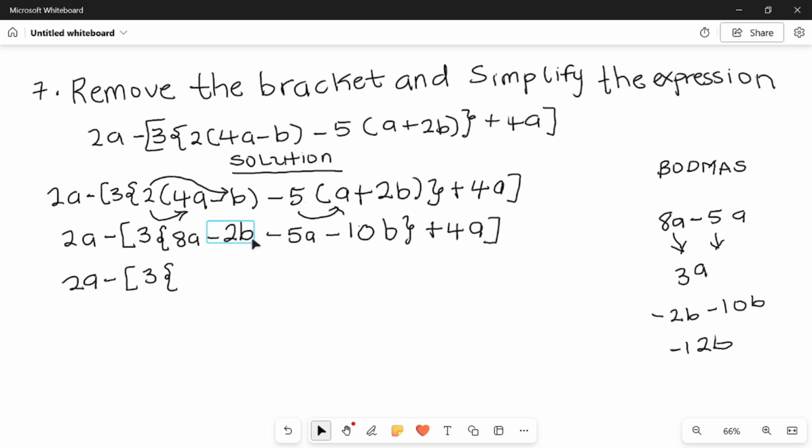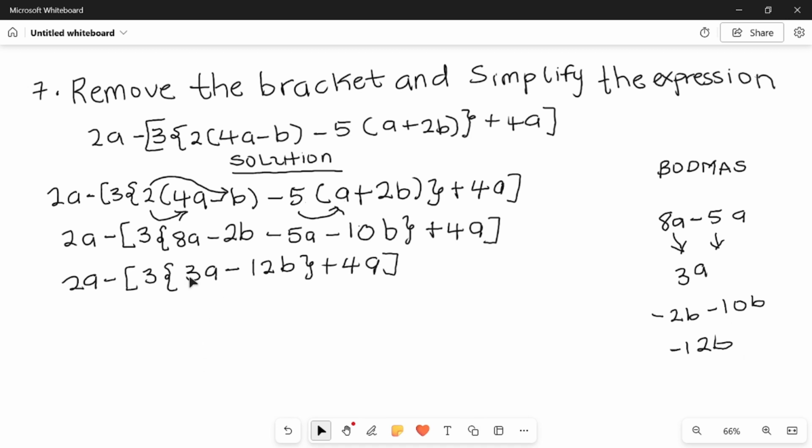And we got minus 2b minus 10b as minus 12b. So we'll have 3a minus 12b. Then we'll bring our bracket to close it, plus 4a. So we are left with plus 4a at the other side.